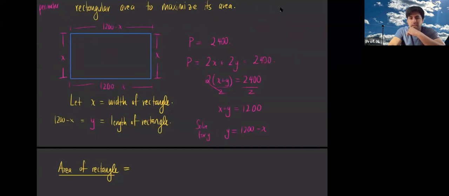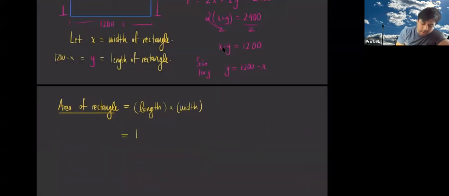What's the area of a rectangle? It's going to be length times width, right? So this is the length multiplied by the width. But what is the length? It's 1200 minus x. What is the width? It's x. And I'm going to call this the area. I'm going to call it A of x.